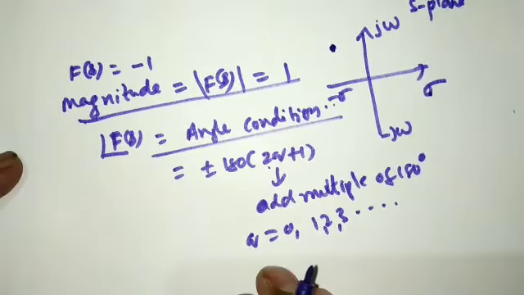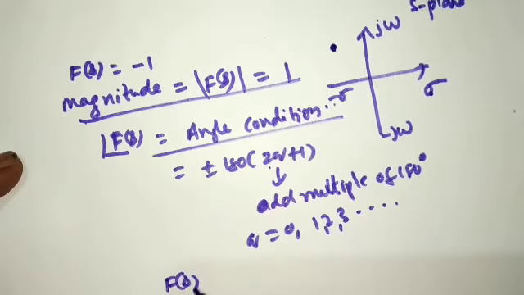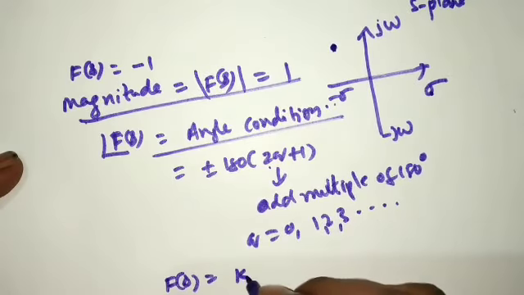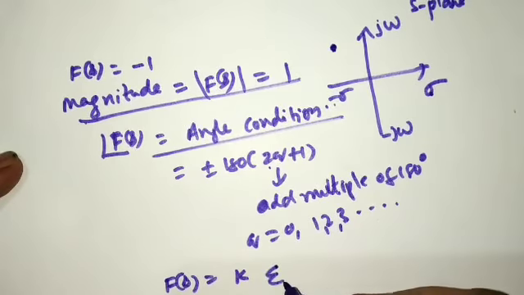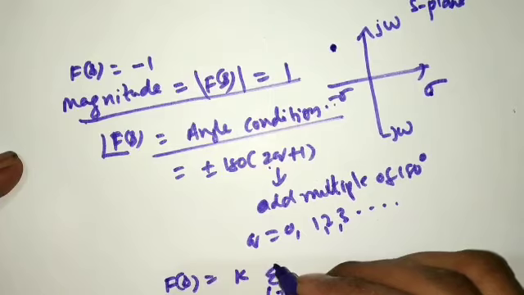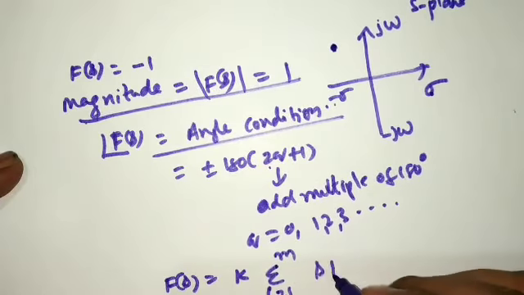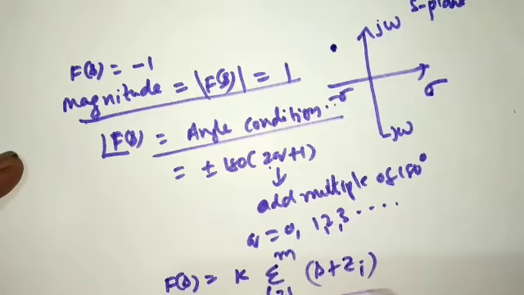Now f of s is equal to k times the product over i equals 1 to m of (s plus z_i), divided by the product over j equals 1 to n of (s plus p_j).